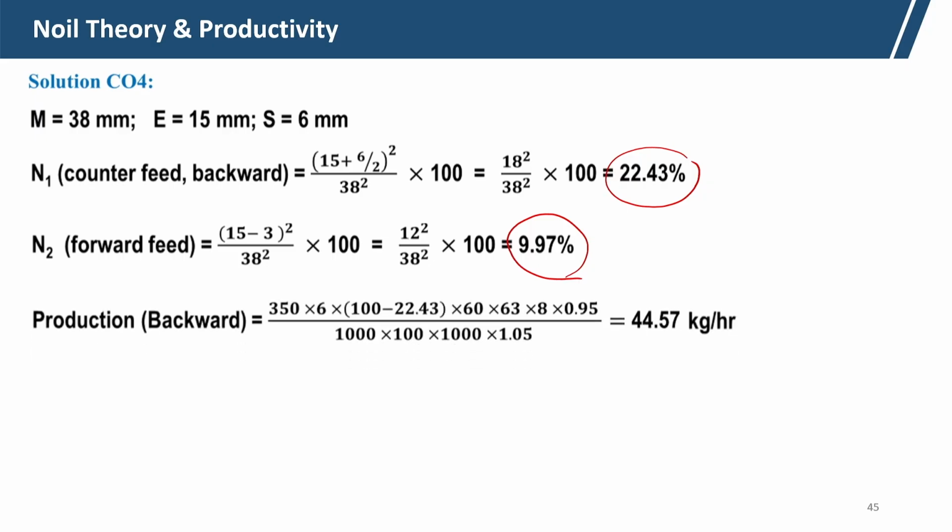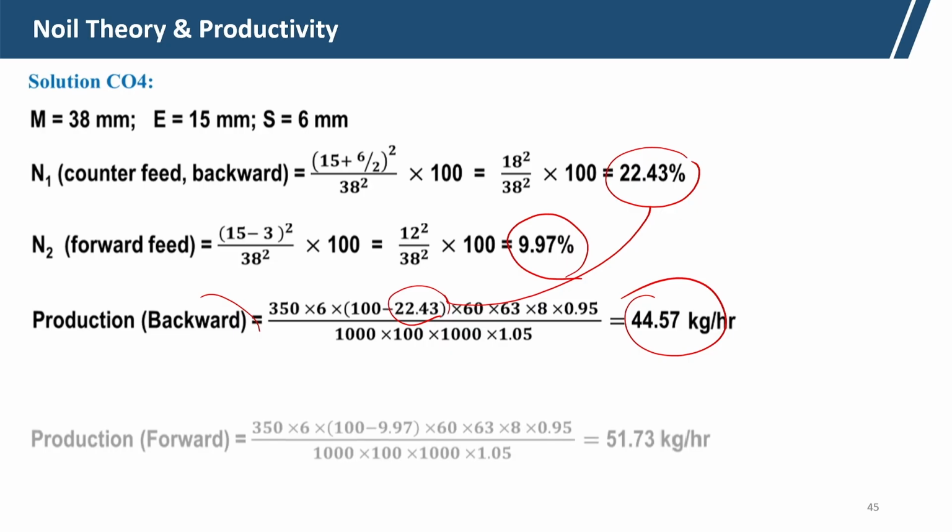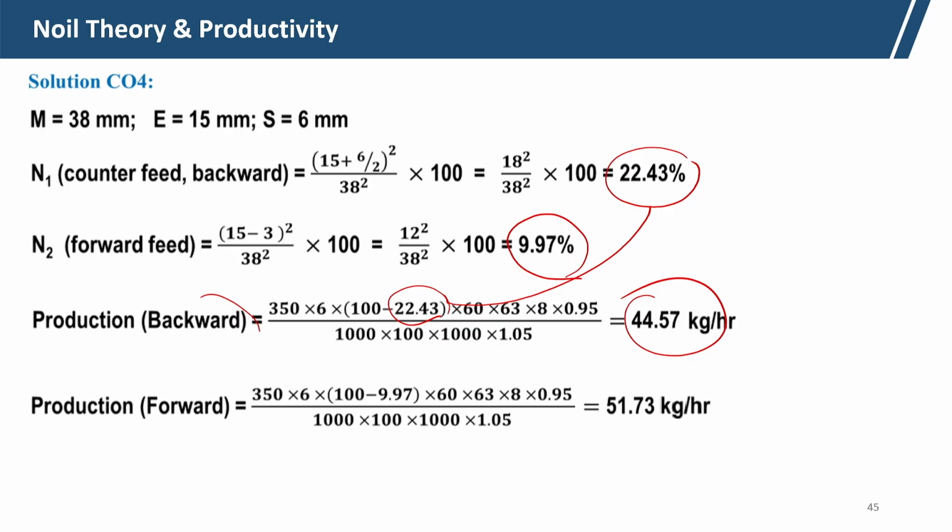Now, the productivity for backward feed, where we are using the Noil percent 22.43, becomes 44.57 kg per hour, and the productivity for forward feed will be 51.73 kg per hour.